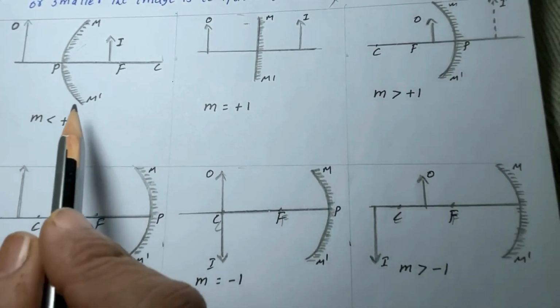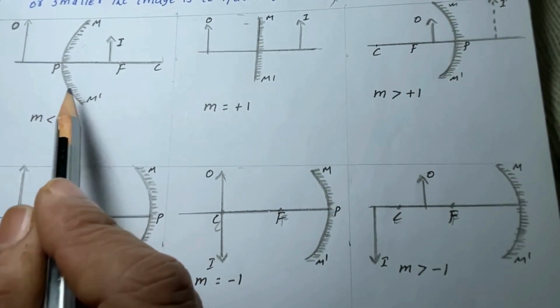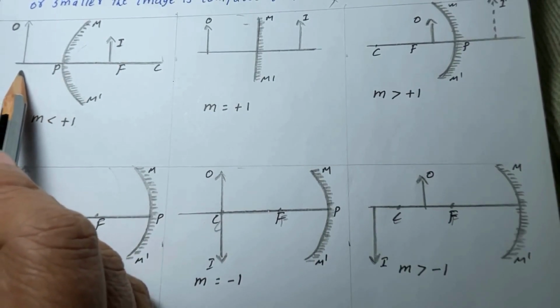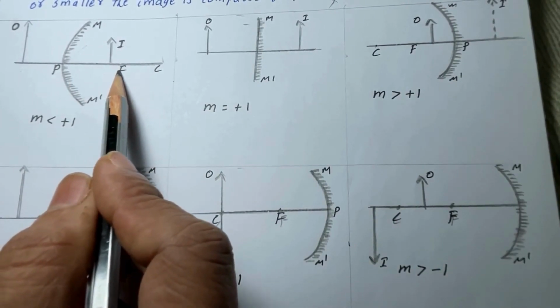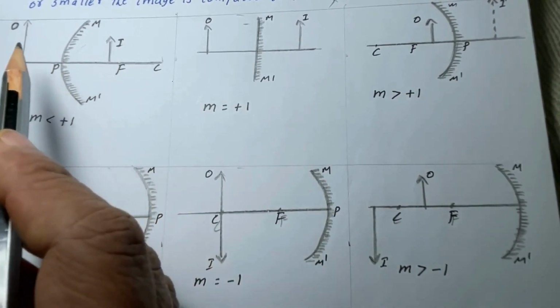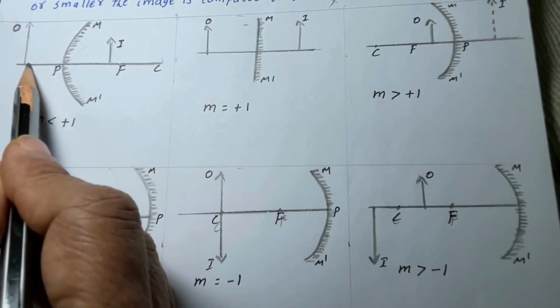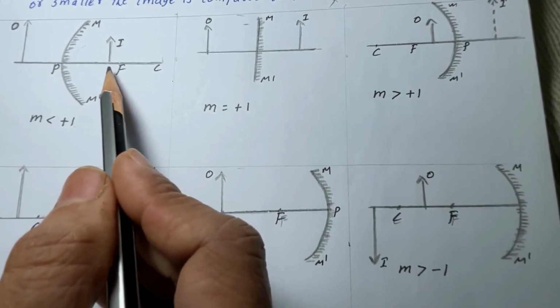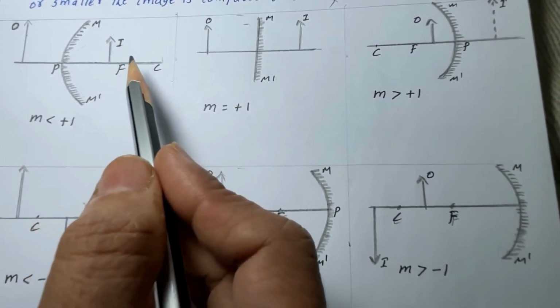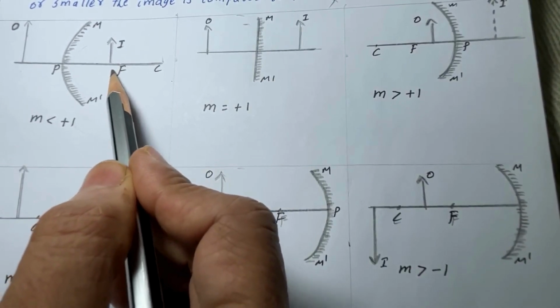This is one convex mirror and one object is kept in front of the mirror, and this is the image formed by the convex mirror. If the object height is 2 centimeters, suppose the convex mirror forms a 1 centimeter image.